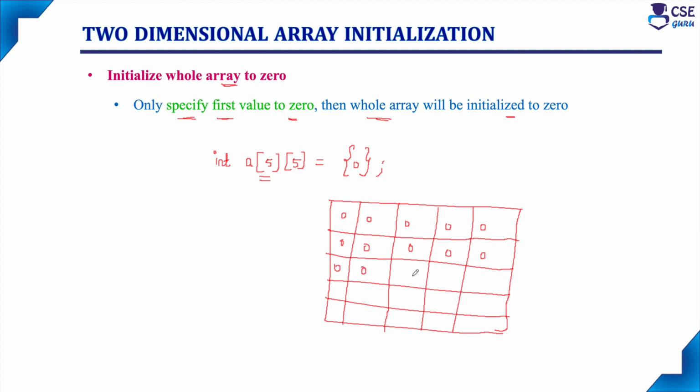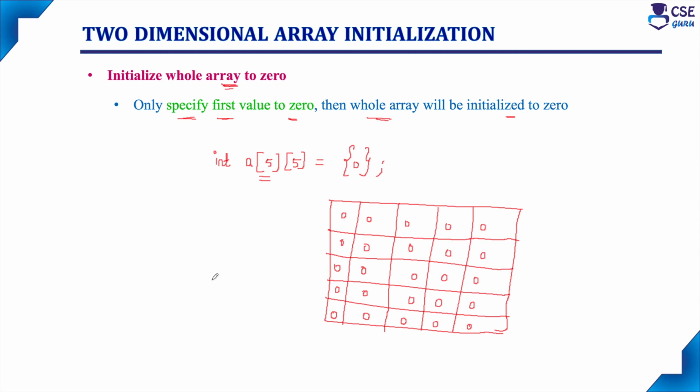That is the meaning. It is not necessary to specify 0 for each memory location. Only one 0 within the set bracket, and automatically all the memory locations will be set to 0. So in this way, we can initialize the whole array to 0.